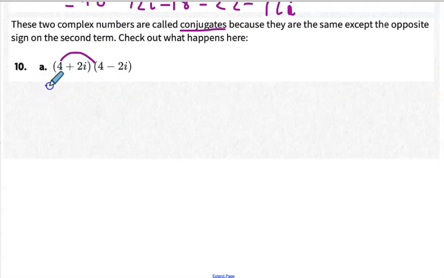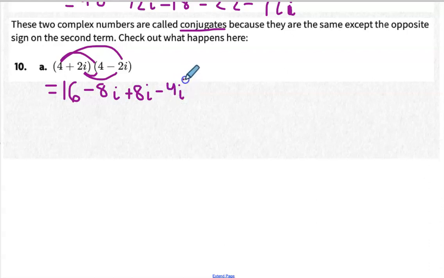All right, so we have 4 times 4 is 16. 4 times -2i is -8i. 2i times 4 is positive 8i. And then 2i times -2i is -4i squared. Okay, so what you'll notice is -8i and positive 8i cancel each other out.